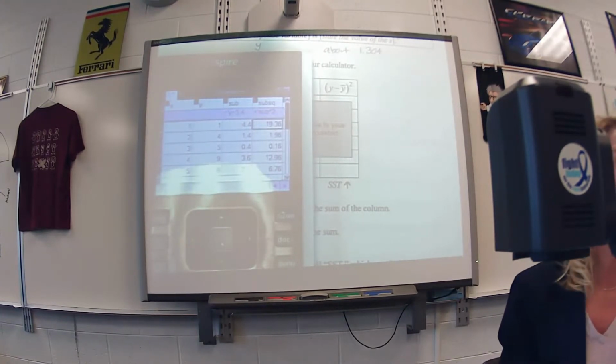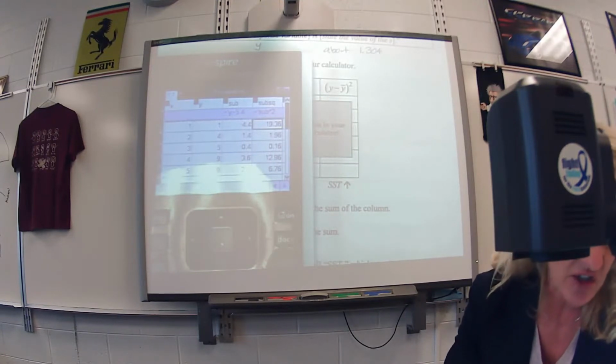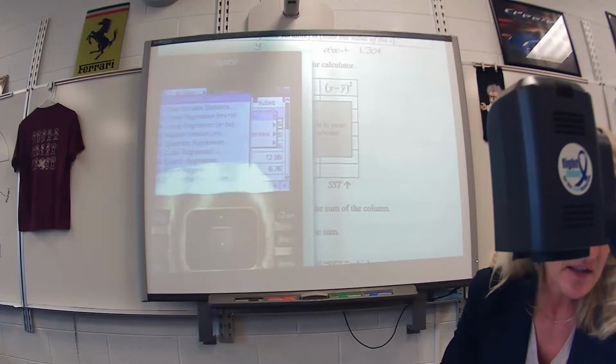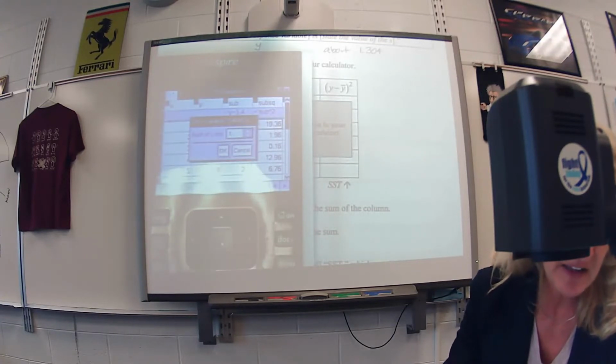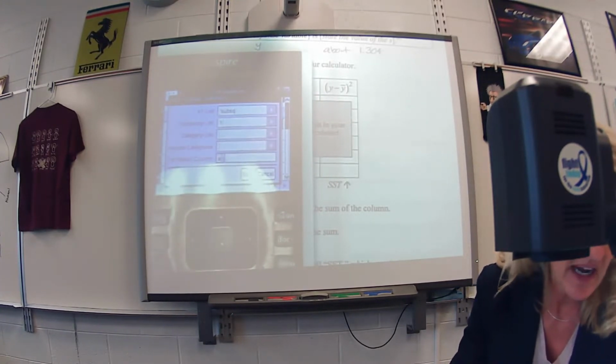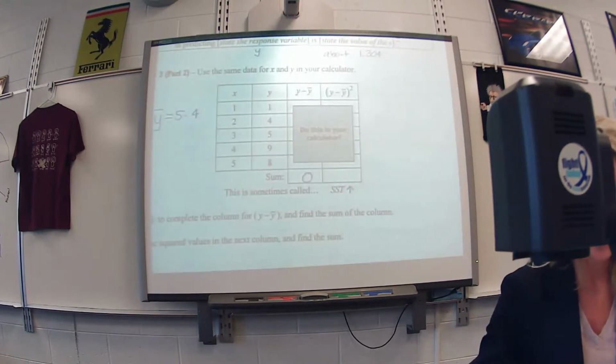And now I can figure out how much those add up to. I could just sit and add those up, or I'll just do one variable statistics off of the column that I called sub-square. And again, the calculator is going to call it X, but I know what it really is. Sigma X, 41.2.